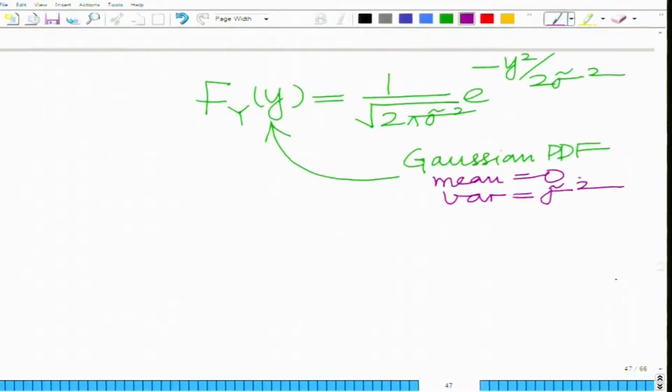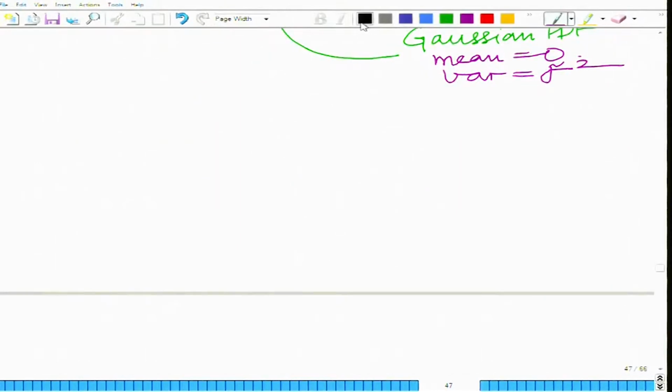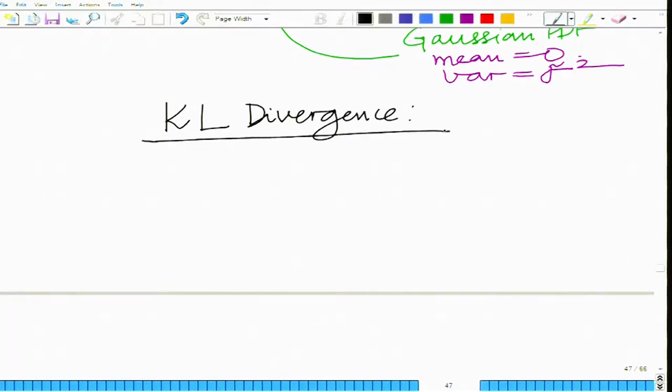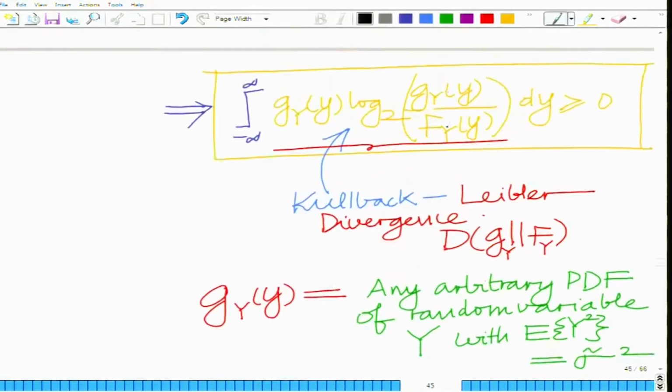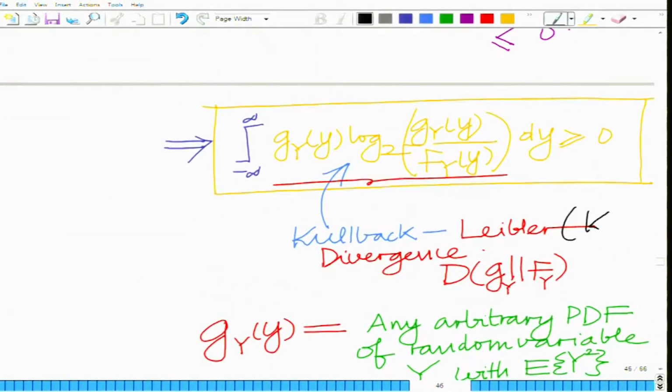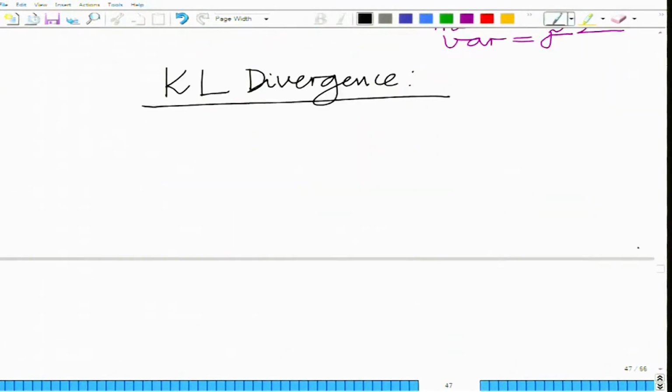Now, if you look at the Kullback-Leibler divergence between these two, also abbreviated as simply the KL divergence, what you see is, remember, we have proved that the KL divergence is always greater than or equal to 0.